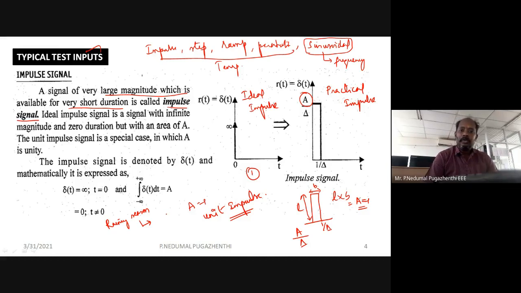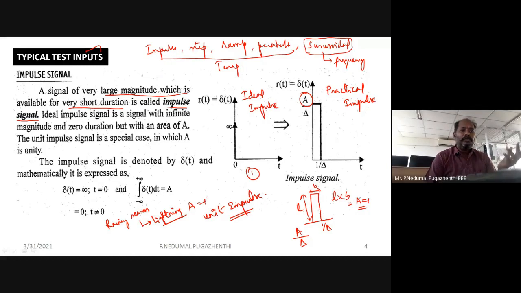You can say it in Tamil, it is not wrong. A practical example for an impulse: lightning. The magnitude of lightning is very, very high. It is effectively infinite, we cannot measure it, and it exists only for a very short duration. That is an example.